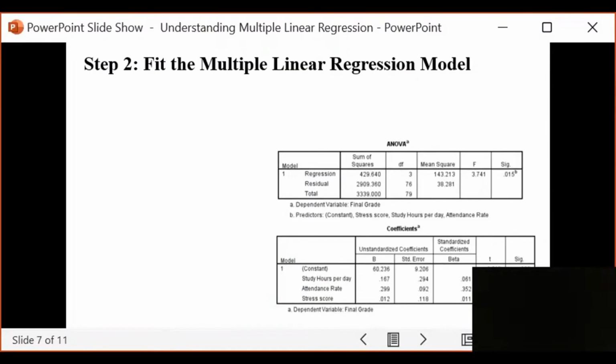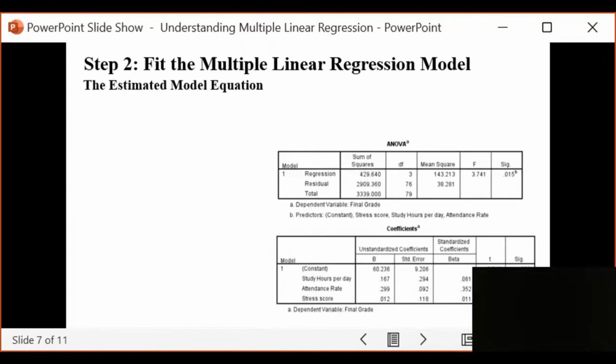So the next step, actually, after performing data visualization, is this. We fit the multiple linear regression model. This is where we establish the mathematical relationship between our dependent variable and the predictors.